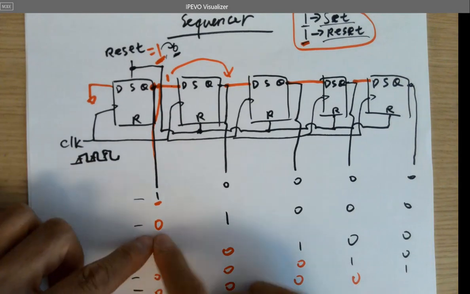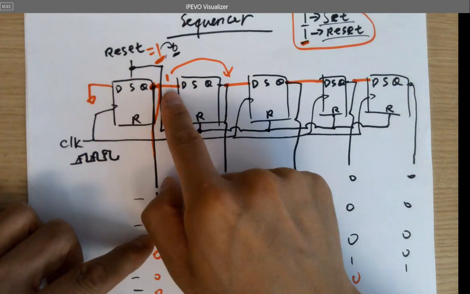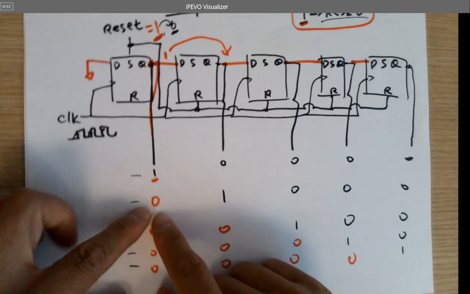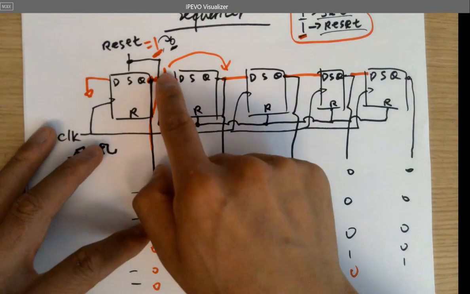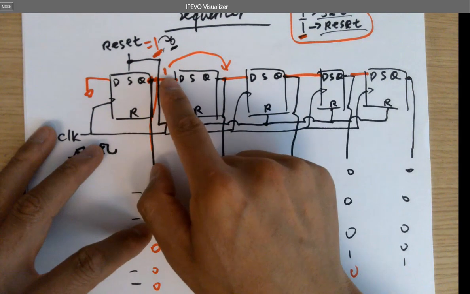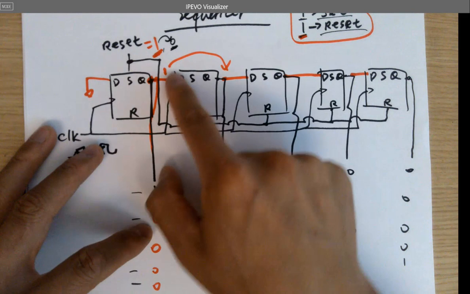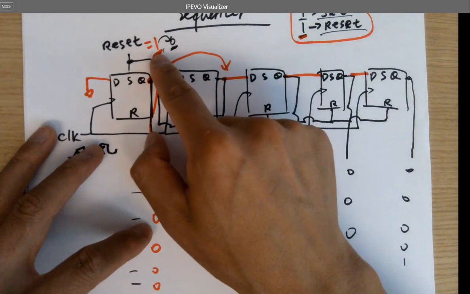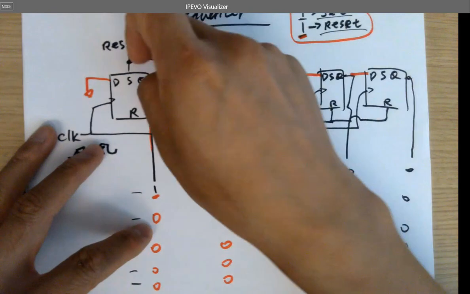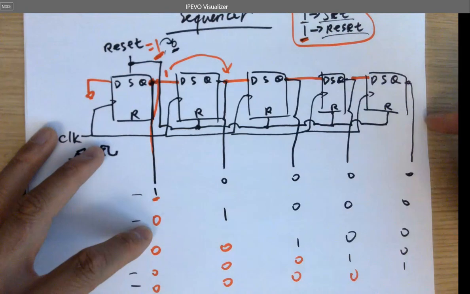Now you got a 0 here, right? The next cycle you got a 0 being sent to here. And then all of the other ones, you've got this one being shifted to the right, because all the other ones are not being set or reset because it's being released after the first cycle already. So all of them after the reset cycle, all of them are D flip-flops now.